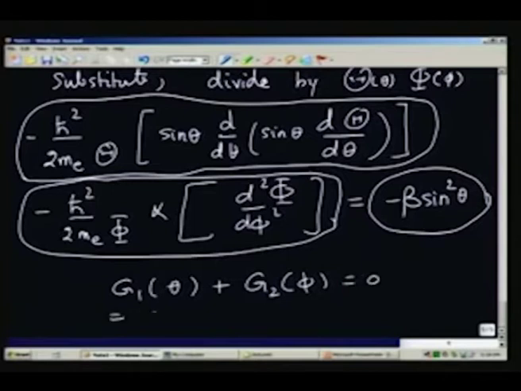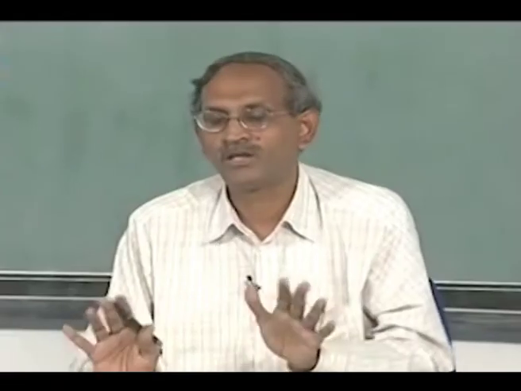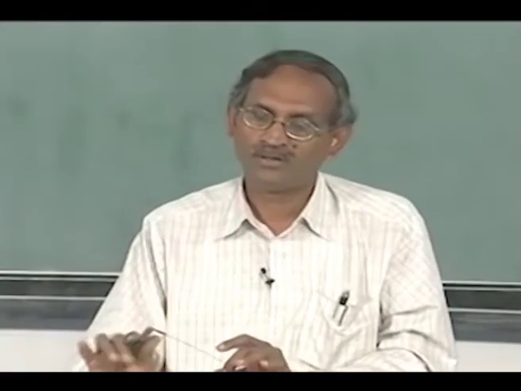Therefore, this is equal to a constant and this is equal to the negative of that constant. Okay. So then the three equations are completely separated. What is the result?